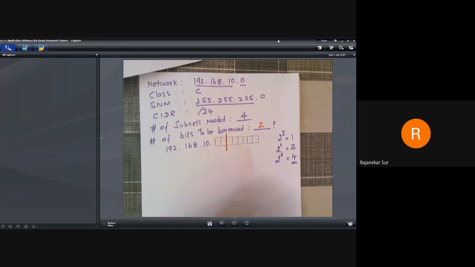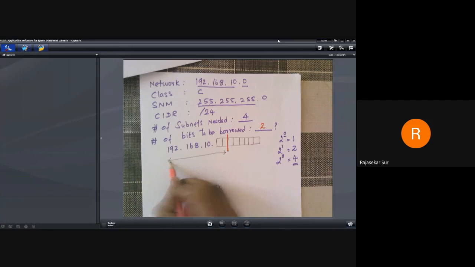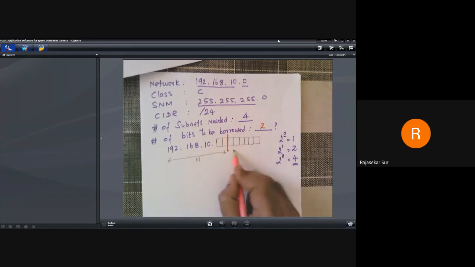In these 8 bits, I borrowed 2 bits for the network. So now up to this, it is going to be network, and this remaining portion is going to be host.